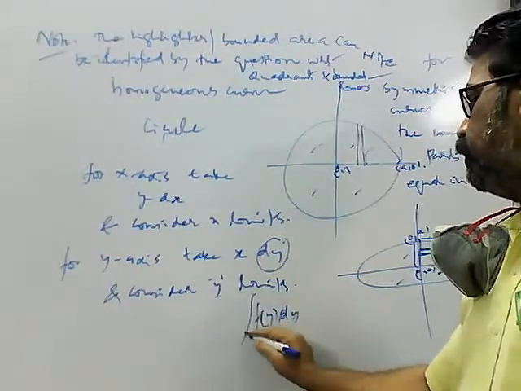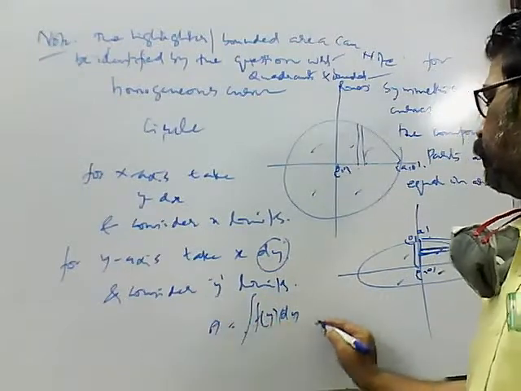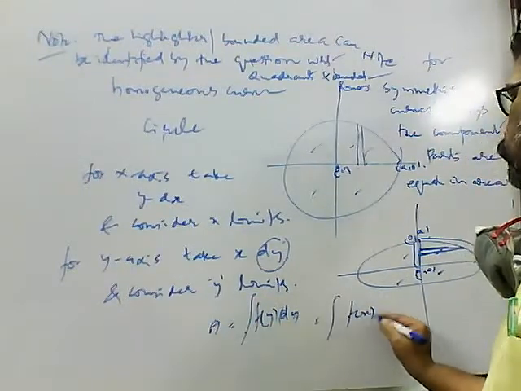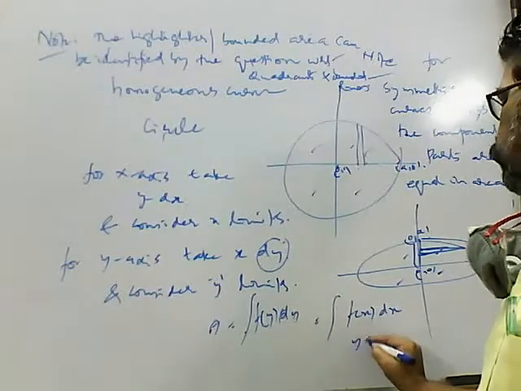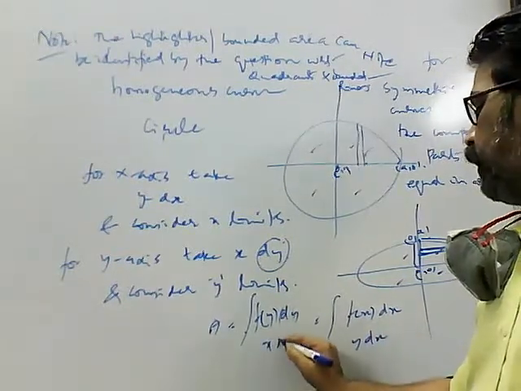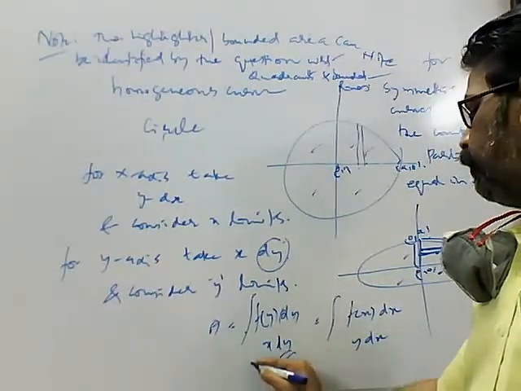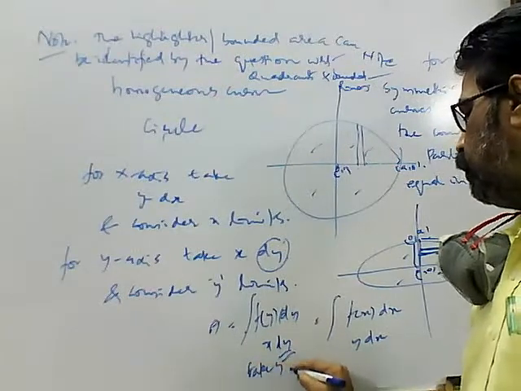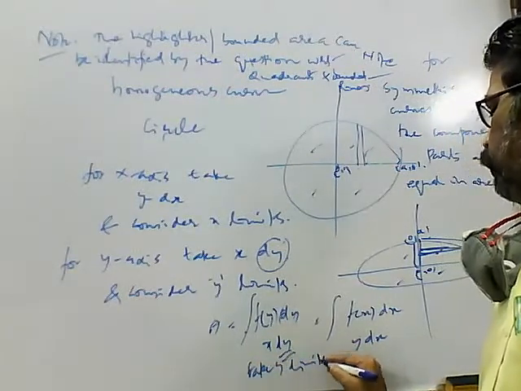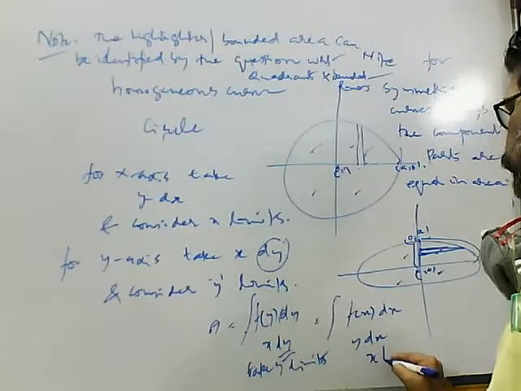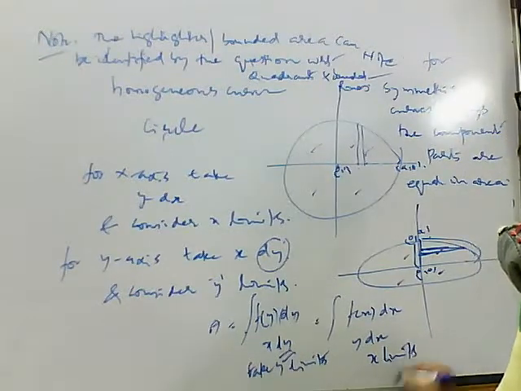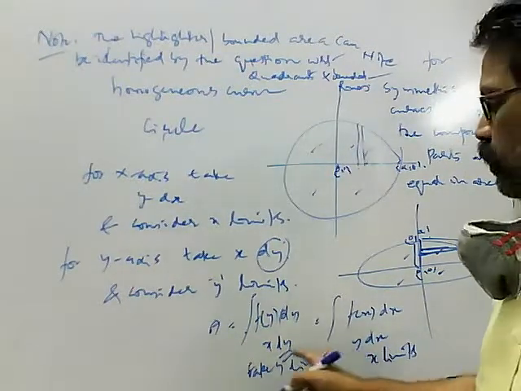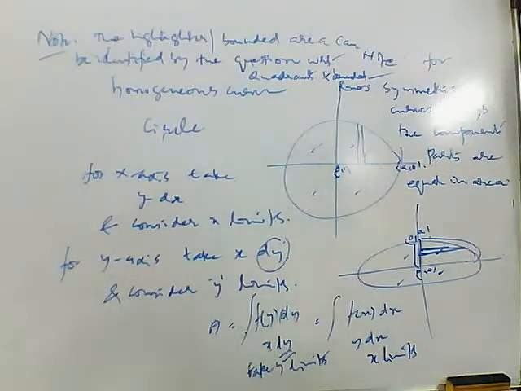The area is the integral of f of x, that is y dx. This is y dx, this is x dy. In case of x dy, y limits, only y values. In case of y dx, take x limits. This is abscissa, this is ordinate. Okay, the values only you have to take like that.